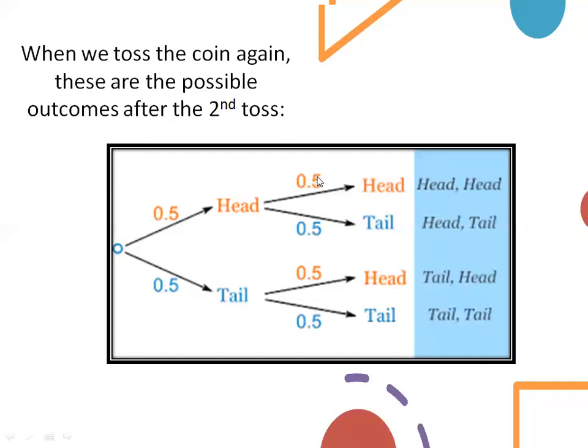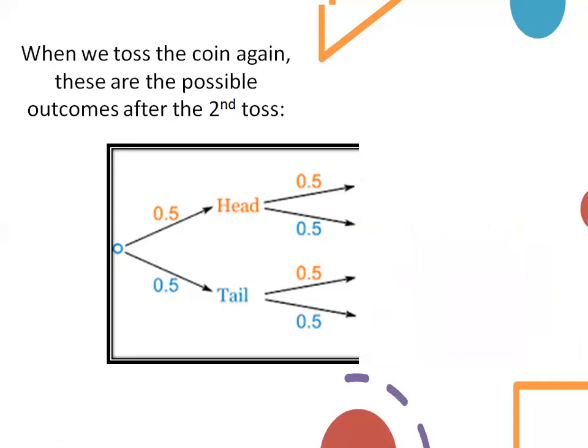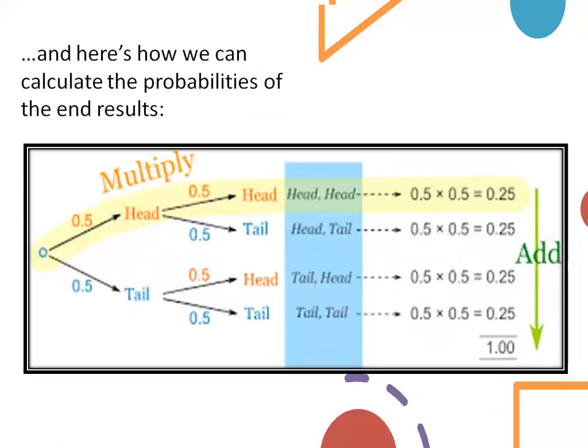So all these probabilities are 0.5 as there are only two events, head and tail, and I have shown how to calculate this 0.5. Now I'll be showing you how we calculate the probabilities of the end result. It is very simple. Let's first explain all those outcomes.